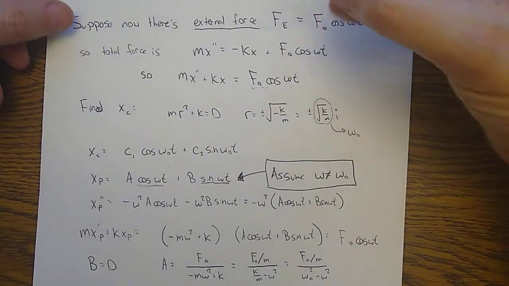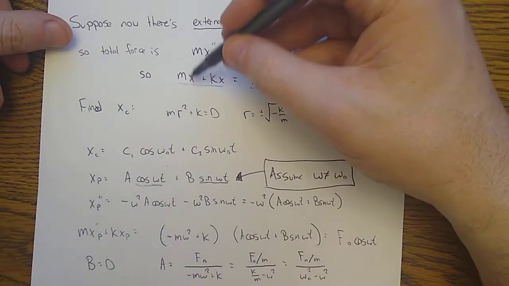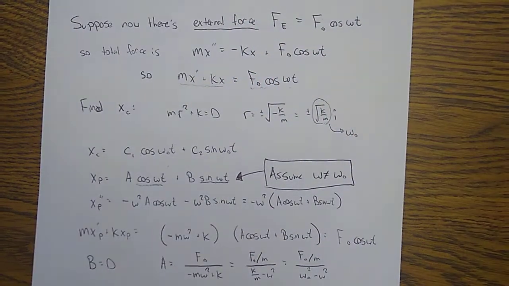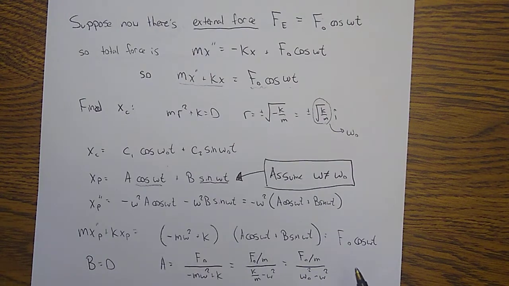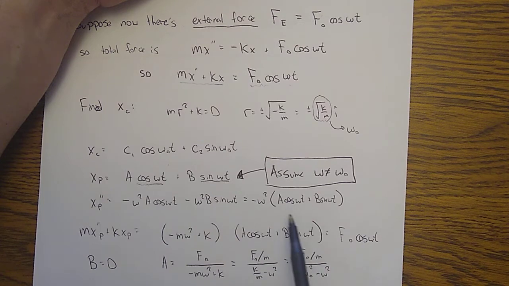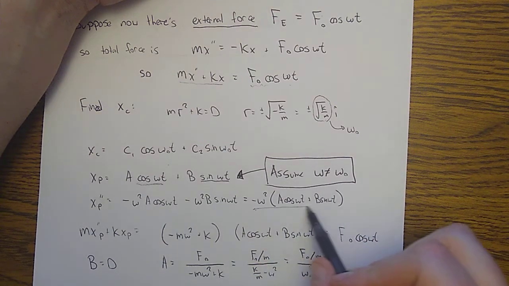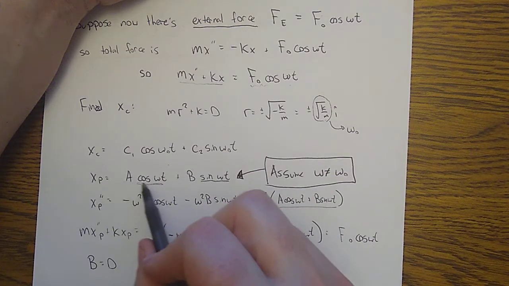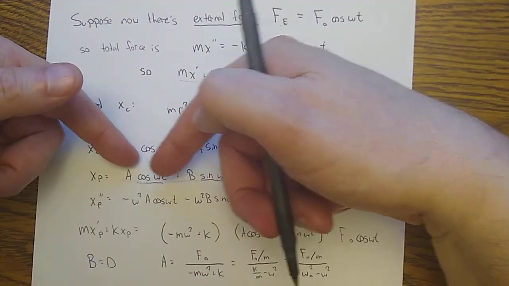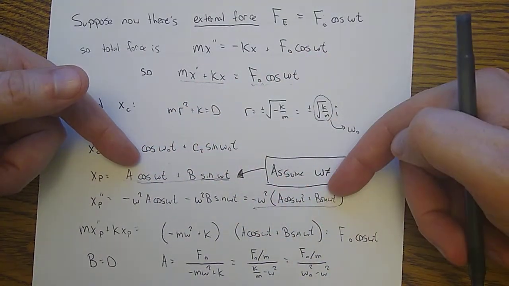So I go here. I do m times x double prime plus k times x, and I didn't want to deal with a huge mess, so what I did was I factored everything. x_p double prime is this, x_p is just this, and they have the common factor, a cosine omega t plus b sine omega t.